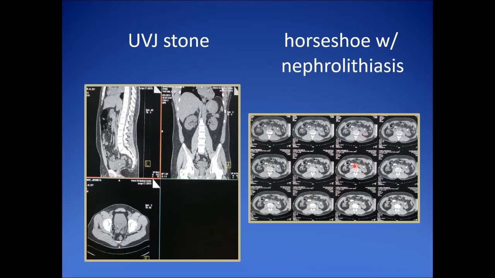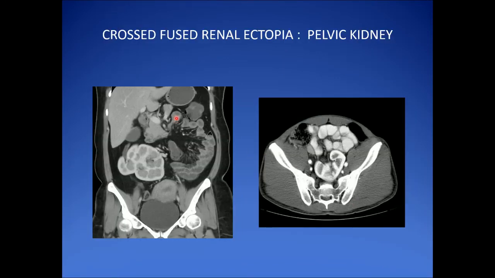So a horseshoe kidney with nephrolithiasis. So this is a coronal image. One could see two kidneys on the right side and it's fused.